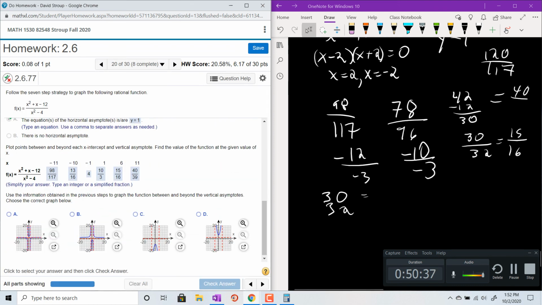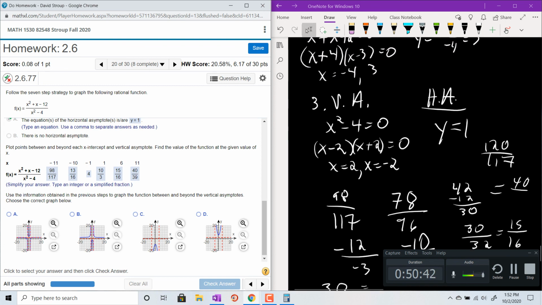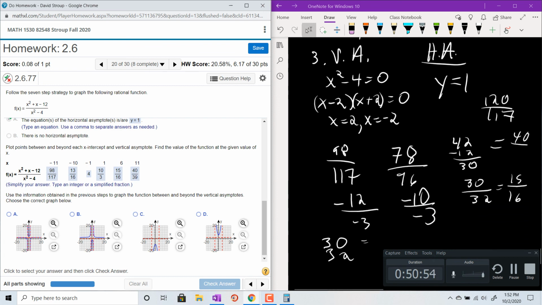Okay. What else? So, you know, the vertical asymptotes are at 2 and -2. So if that's not the case, you throw that out. Horizontal at 1. Okay, so C and D don't have anything on the outside parts, so those are in the trash.